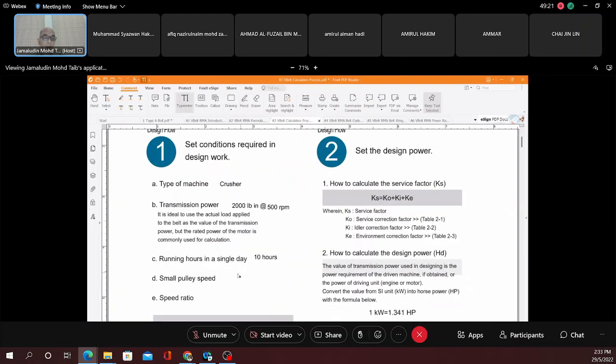Speed, small pulley speed is going to be 500 RPM. The driver is 500.